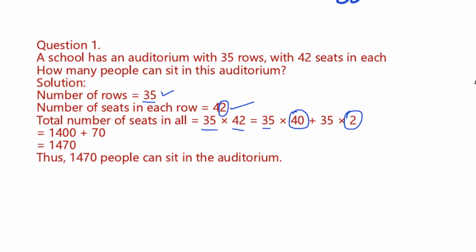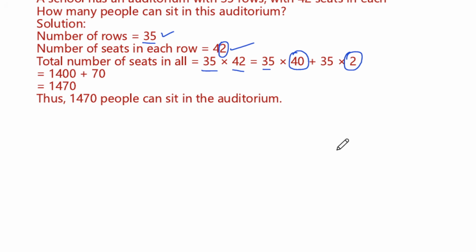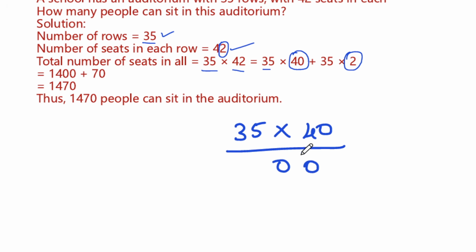35. Is it visible? No, it is not visible. Okay, I'll write it here. So 35. Multiplication is very very important, students. So 0 into 5 is 0, 0 into 3 is 0, 5 fours are 20, 0 balance 4, 4 threes are 12, 13, 14.